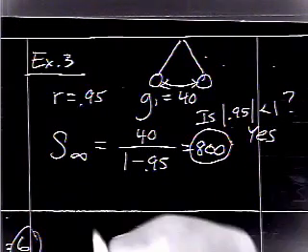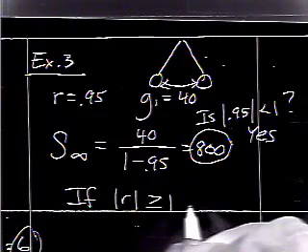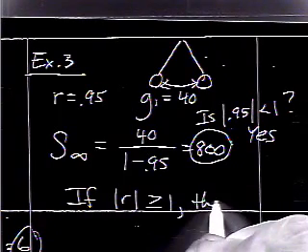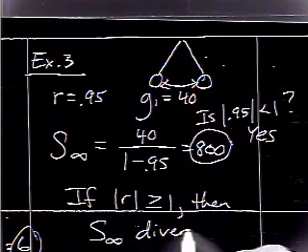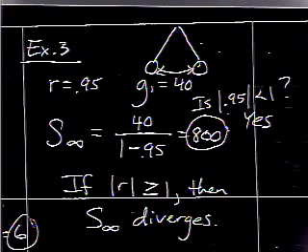Please keep in mind, if the absolute value of r is greater than or equal to 1, what happens? Then S sub infinity diverges. You will not be finding anything with the formula. Trust me, I've got kids that don't follow my directions.